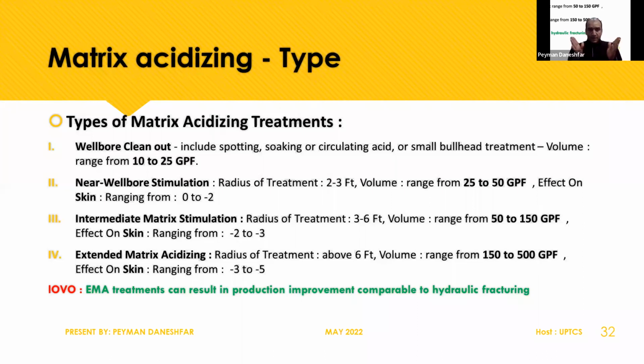Guys, the EMA treatment results in production improvement comparable with hydraulic fracturing in sandstone. Remember for yourself, EMA, we can compare it with hydraulic fracturing.